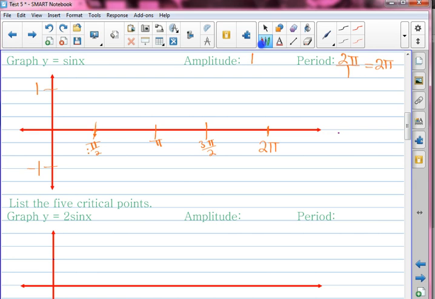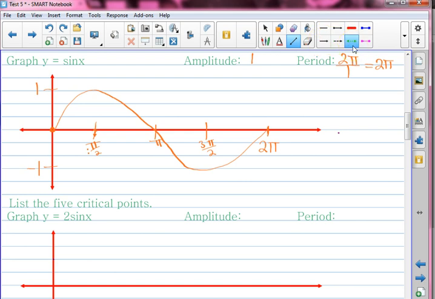When you sketch a sine graph, it always starts on the origin. You go up, and then down, and keep going down, and then up. And that's what it looks like every single time. Now the period is the distance it takes to make a whole cycle, and that means to go up and down.